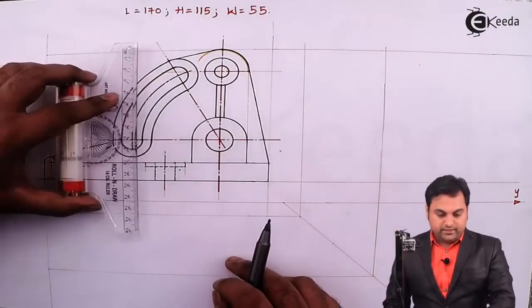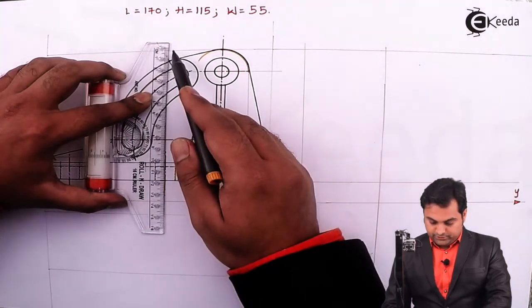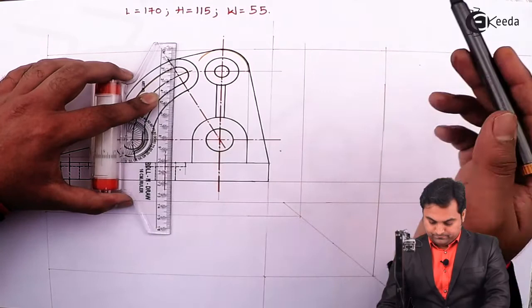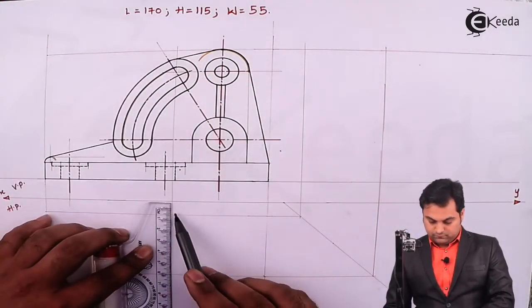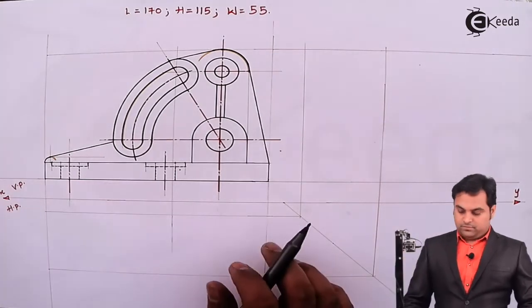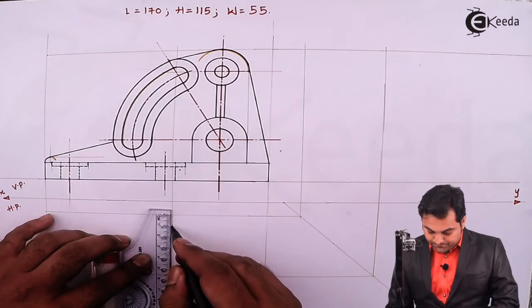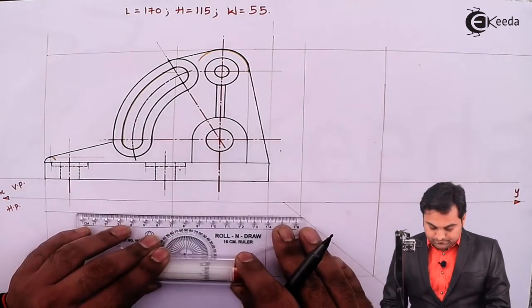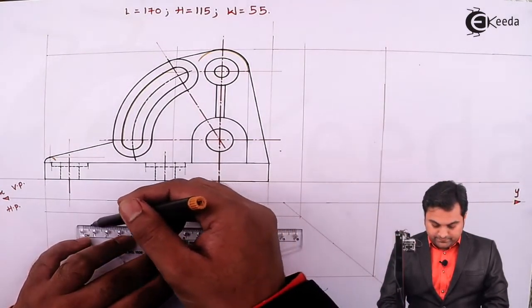So drawing it with the help of light line, projecting it downwards. Then over this, I'll take 10 mm as the width and draw a light horizontal line throughout.